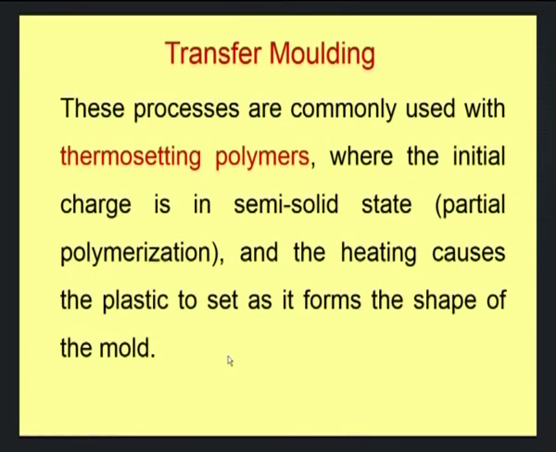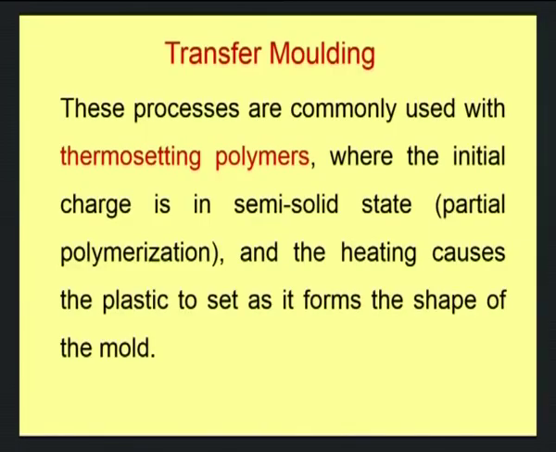In the pre-polymer state, the polymerization would not have reached the fullest condition, what we call partial polymerization, whereas when the resin is transferred into the mold, because of heat and pressure, further polymerization will take place. So, the pre-polymer will get converted into a fully cross-linked thermosetting polymer.